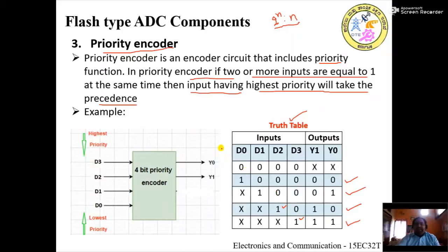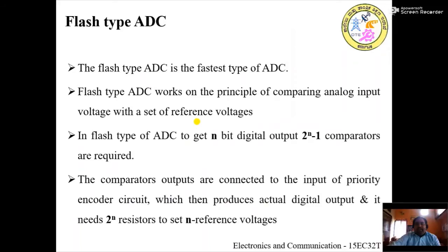Okay, these are the three components which are used in constructing a flash type of ADC. As we generally understood, for an n-bit ADC, we expect 2 to the power of n minus 1 comparators, 2 to the power of n resistors in the voltage divider circuit, and a priority encoder. Let's say it is a 2-bit flash type of ADC.